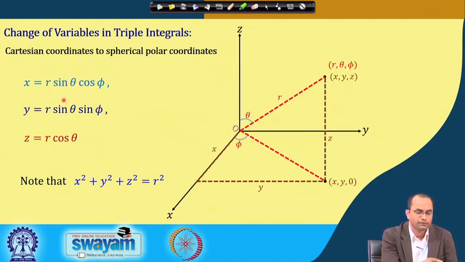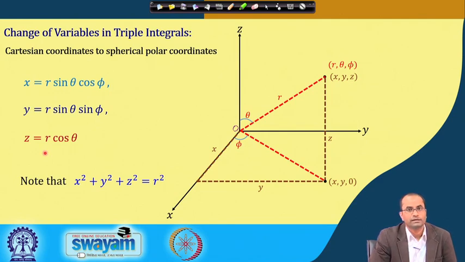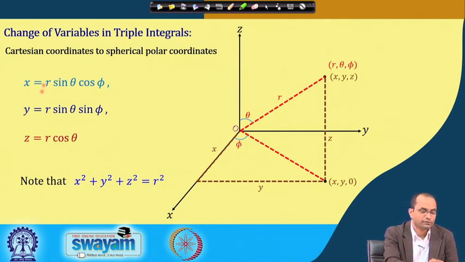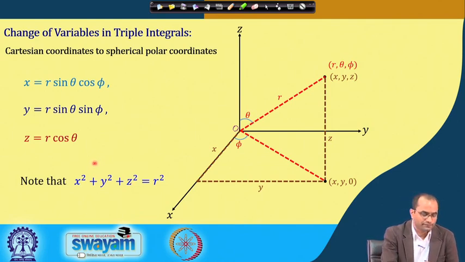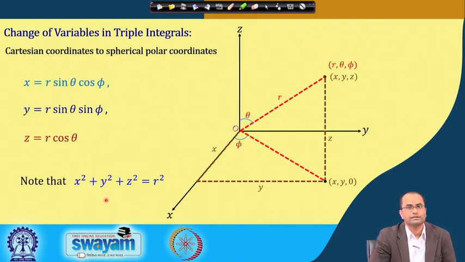So, when we add them, cos square phi plus sin square phi makes it 1, and then we have r square cos square theta, and from there r square sin square theta. Again sin square theta plus cos square theta is 1, and we will get simply r square. That is a relation we will keep in mind, as it will be useful in integration.